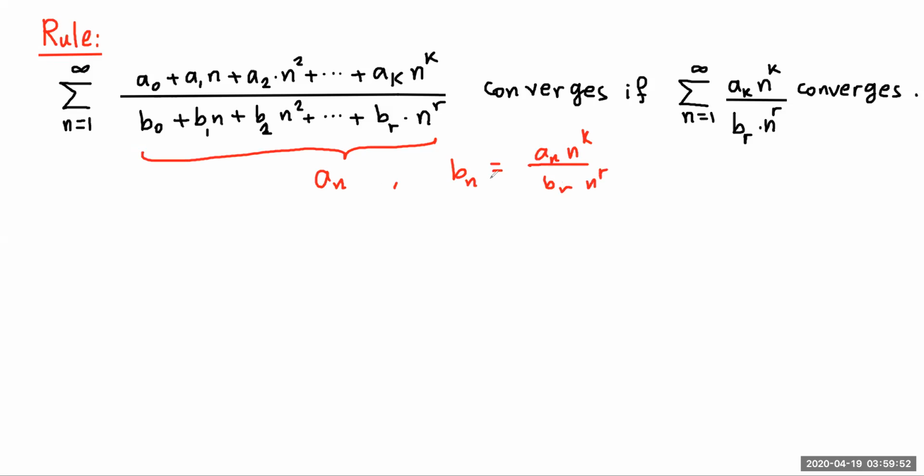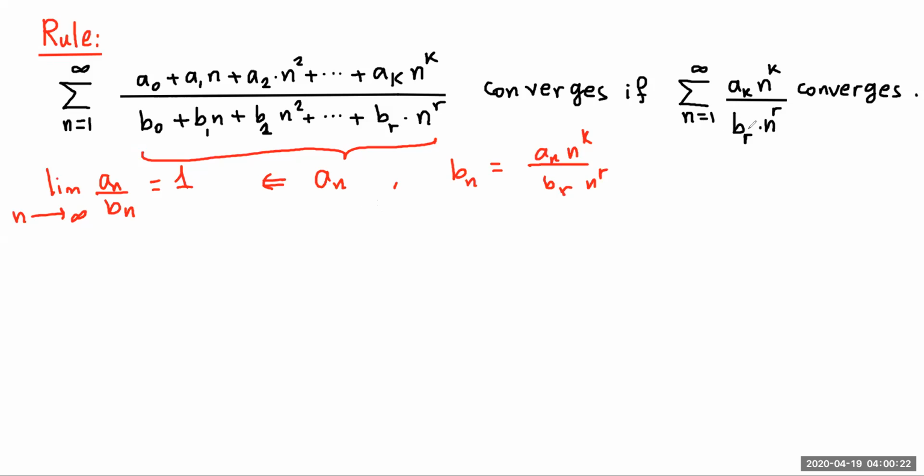Okay, this b is different from this b. If I define it like this, what is the limit of the division of these two terms? I will have the limit of an over bn equal to 1 when n goes to infinity. Now, using the limit comparison test, if the series sigma bn converges, then sigma an converges.